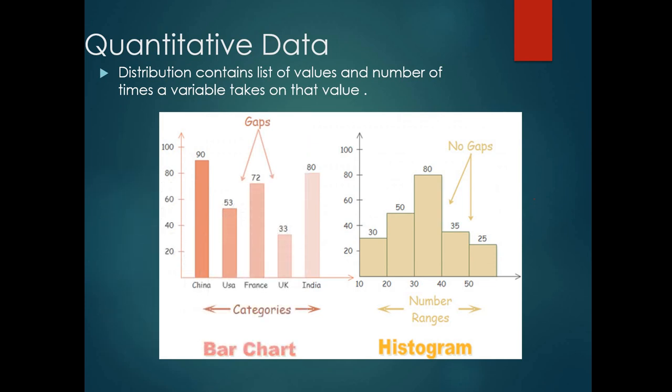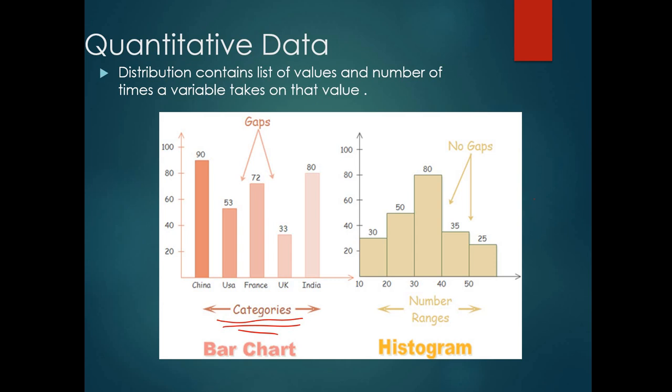And then we have a histogram. You notice there's a bar chart here, which we talked about earlier for categories. The big difference between the two is that bar charts have gaps and histograms don't. A bar chart does have a gap, and that's because the categories are not continuous. So China does not flow into the United States.